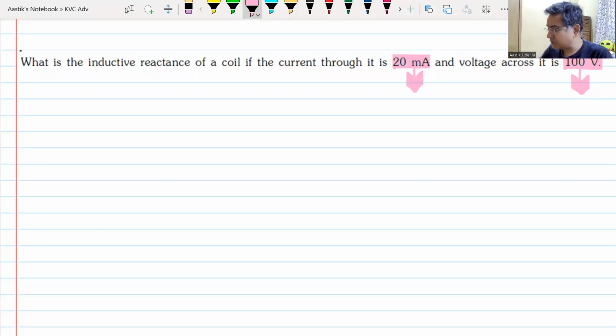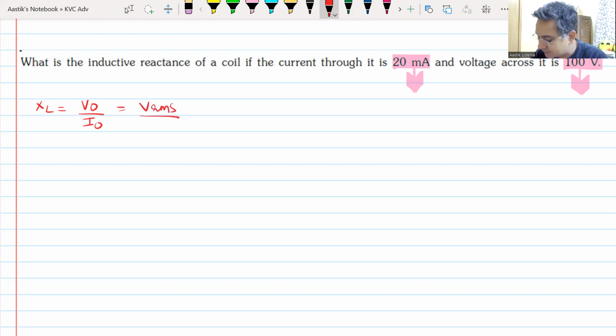So how are you supposed to get this one? Remember, we have seen that your value of XL will be equal to V naught divided by I naught. Yes or no? Yes, sir. You can also write it as VRMS divided by IRMS. Yes or no?